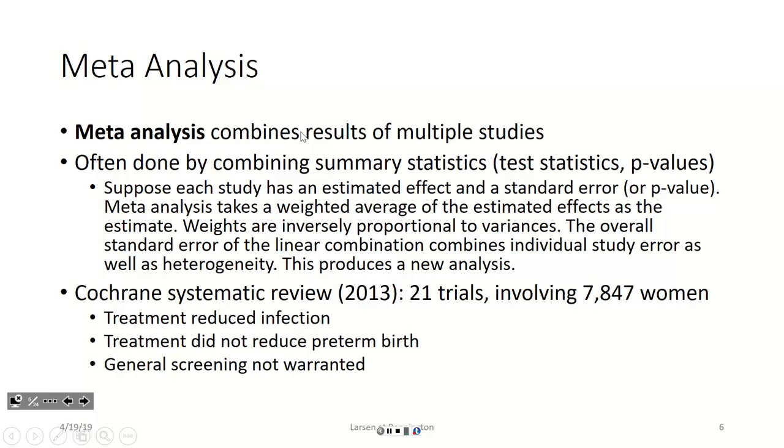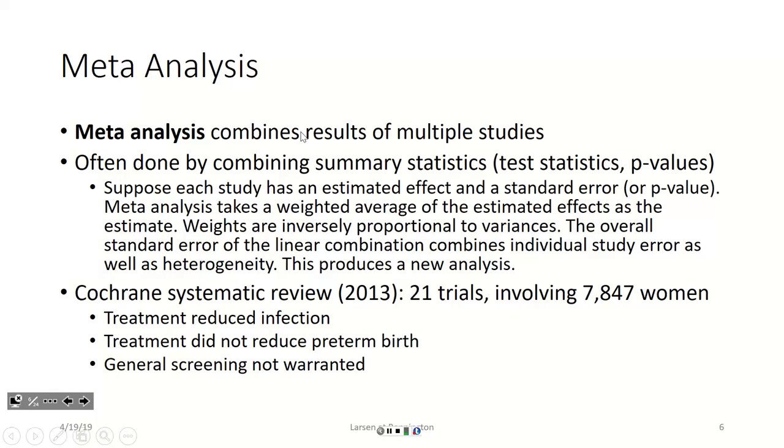It can take a weighted average of these estimated effects, with weights inversely proportional to the variances, or the square of the standard errors. So imagine you have a bunch of t-tests for different populations; you put them together, and the more precise ones get more weight. If they're more precise, they probably came from studies with bigger sample sizes, so they contribute more. And so that provides a new analysis.